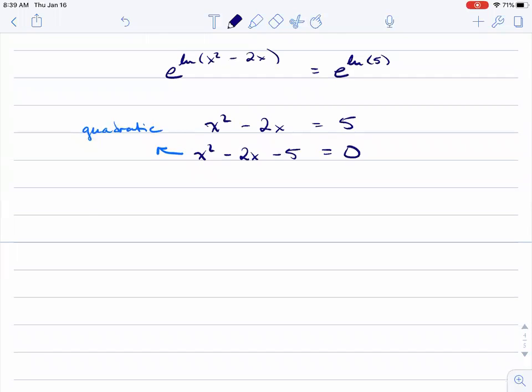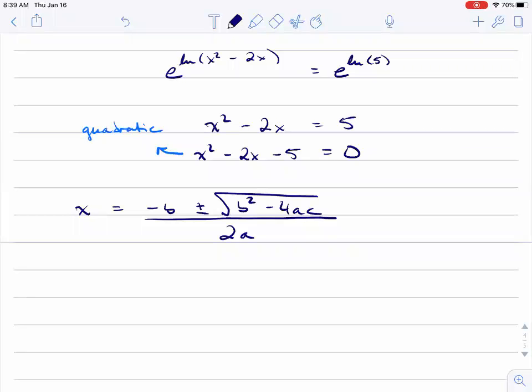You probably will by the end of this course. But x is negative b plus minus the square root of b squared minus 4ac over 2a. And that's how we find the roots of a quadratic equation. And because it's equal to 0, we are finding the roots.